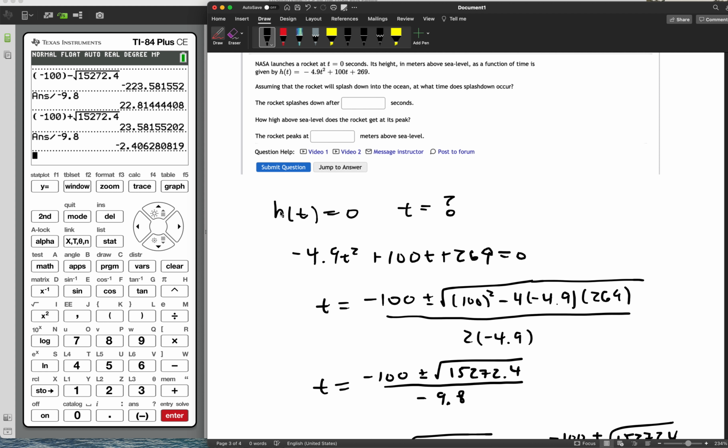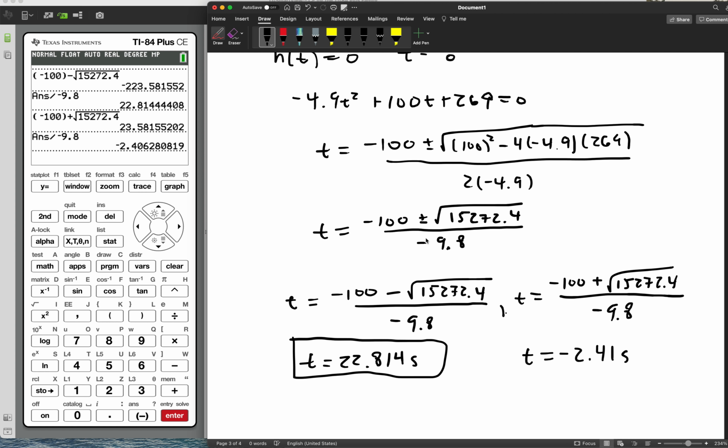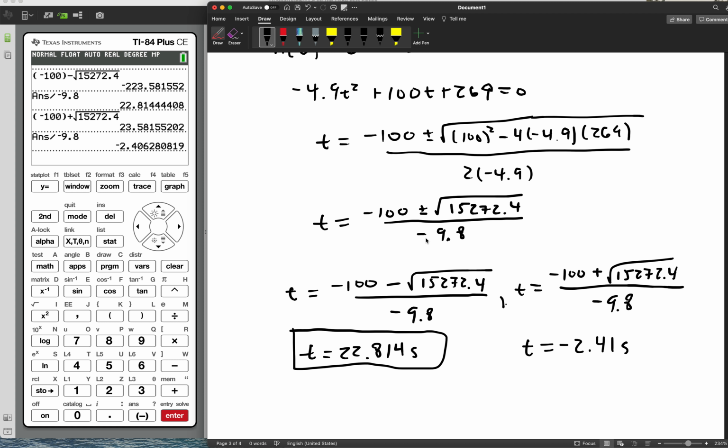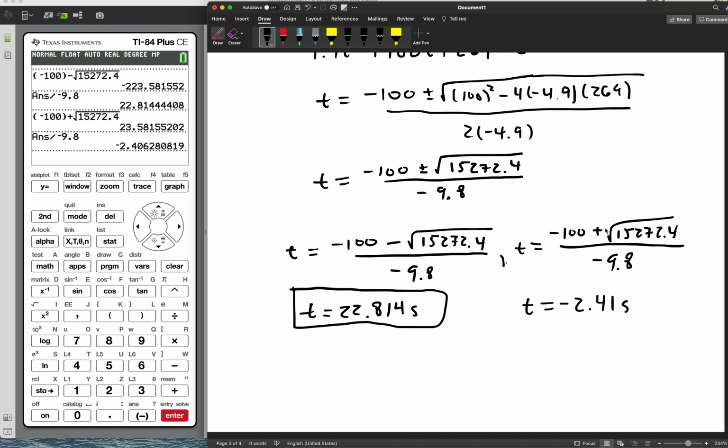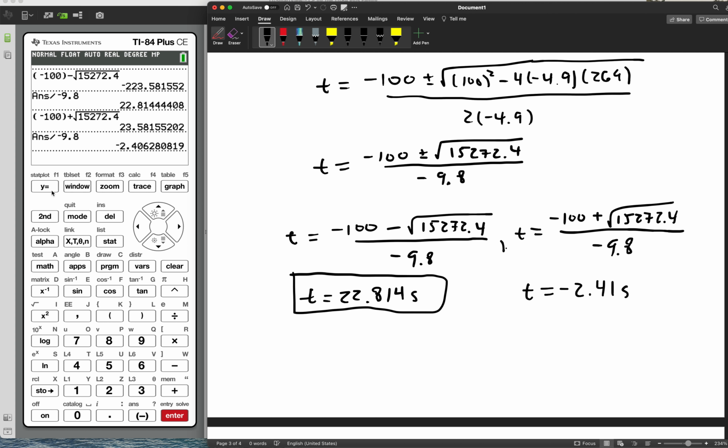The second part of this is how high above the sea level does the rocket get at its peak? That's a question of what is the vertex? So the vertex can be found using our calculator quite efficiently.